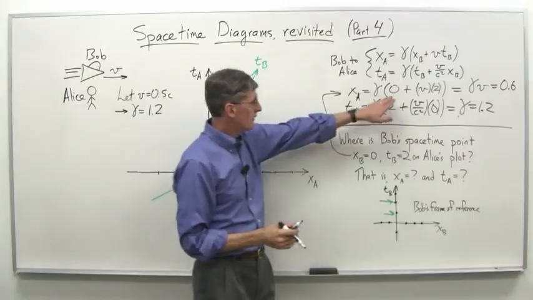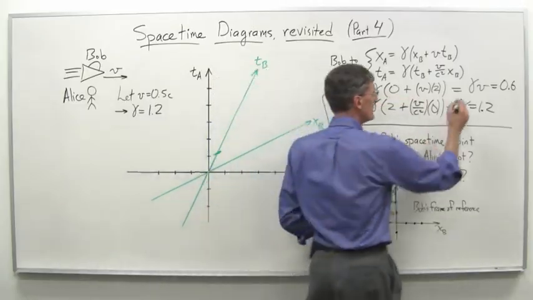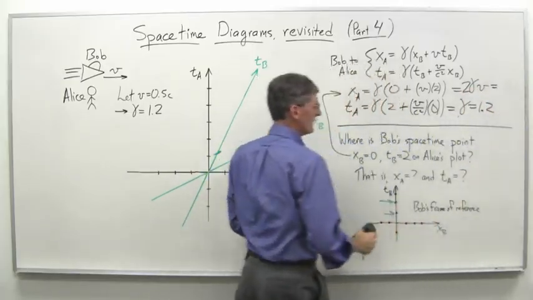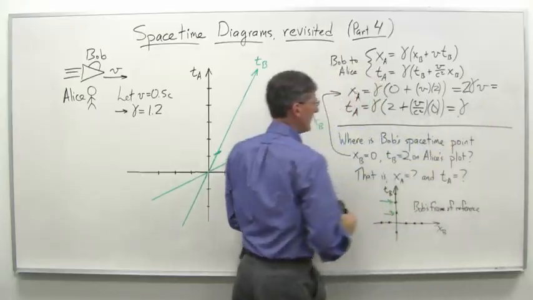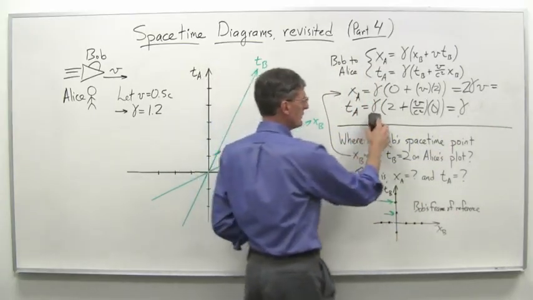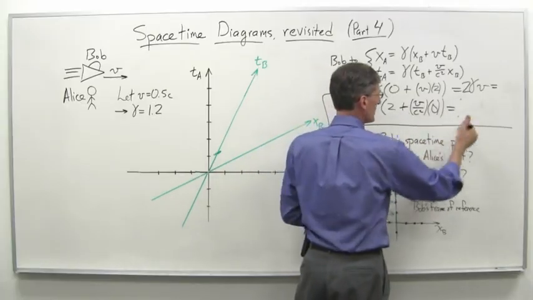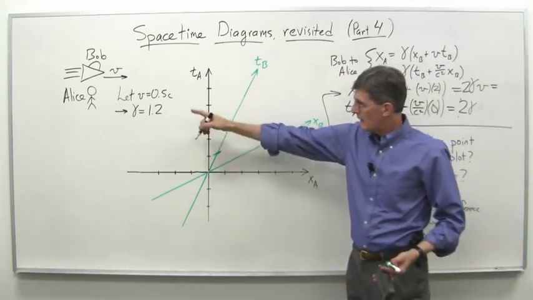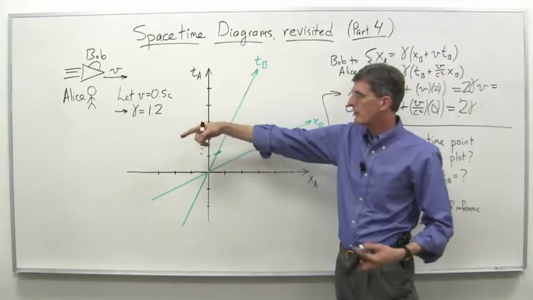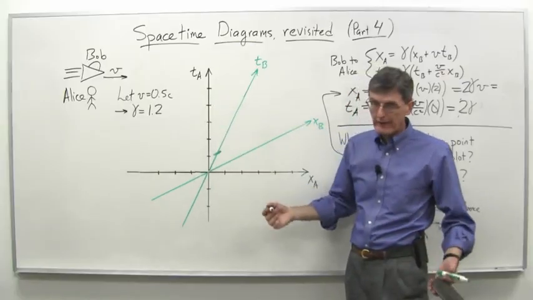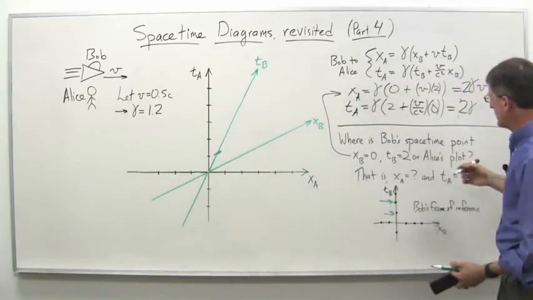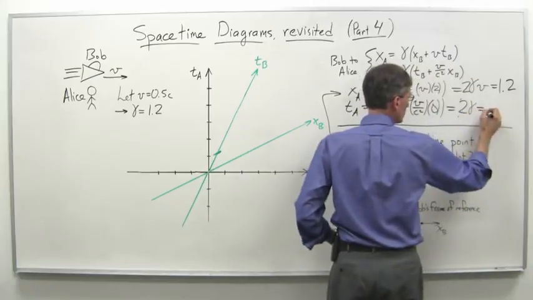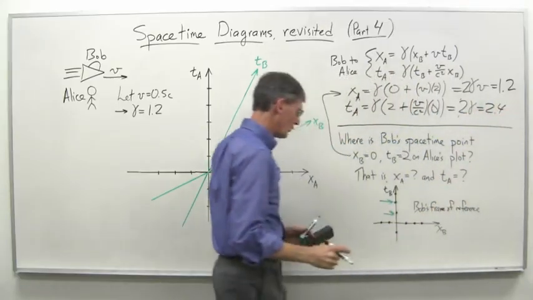And we see we get 2 gamma v, and of course it's not going to be 0.6 anymore, so we get rid of that for a minute. And down here we get 2 times gamma plus 0, so 2 gamma times v, 2.4 times 1/2, essentially, gives us 1.2. And 2 gamma is simply 2.4.